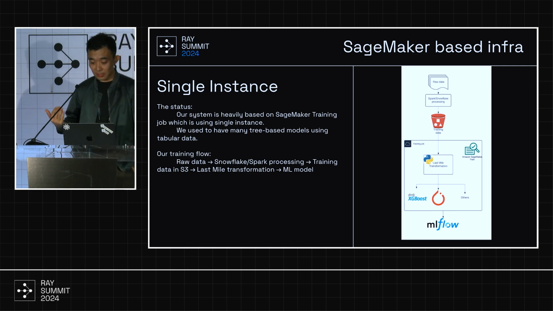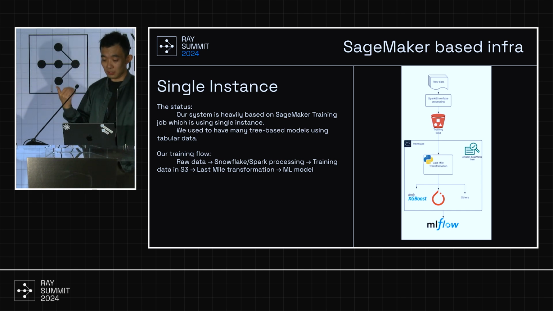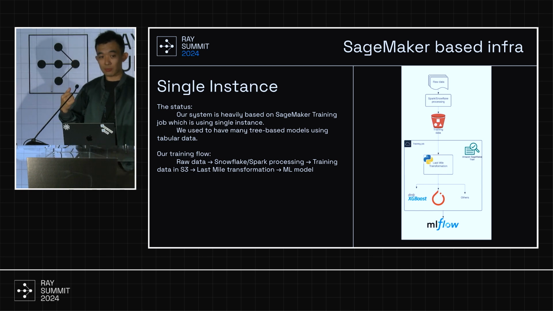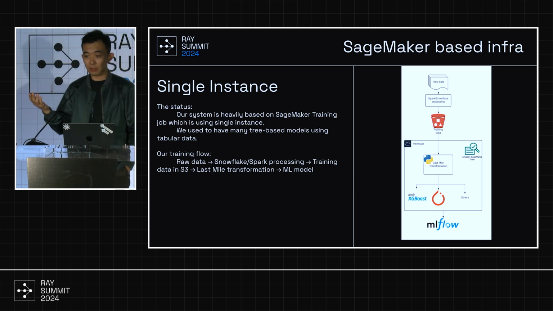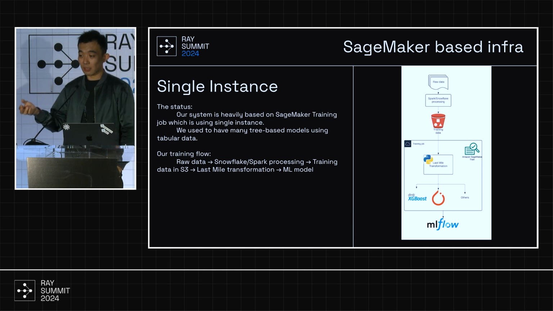We have the raw data, maybe from Kafka, and then go to Spark, Snowflake, and then process, and either dump to S3 or not dump to S3, and pass it to a training job. And we do some last mile data transformation, say some one-hot encoding or something like that, and then go to a machine learning model, XGBoost, PyTorch, or scikit-learn, and then go to MLflow.